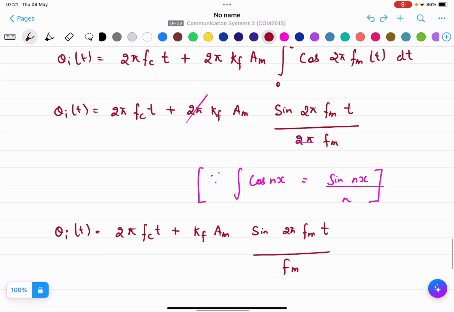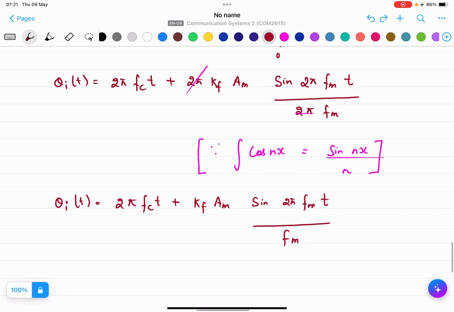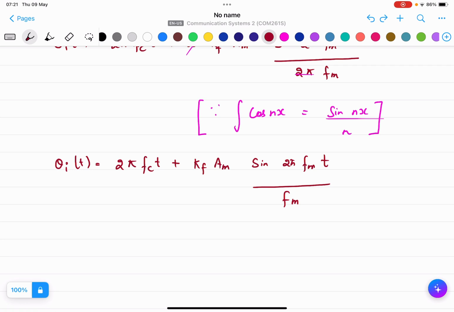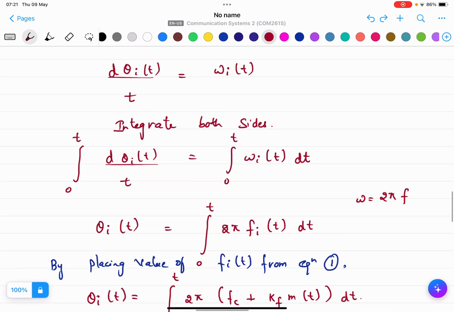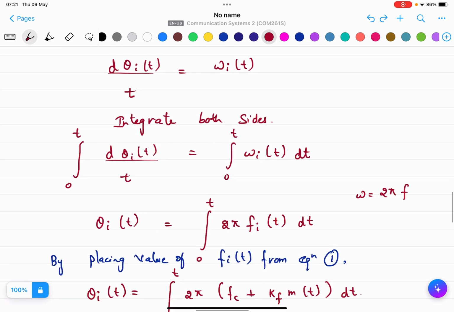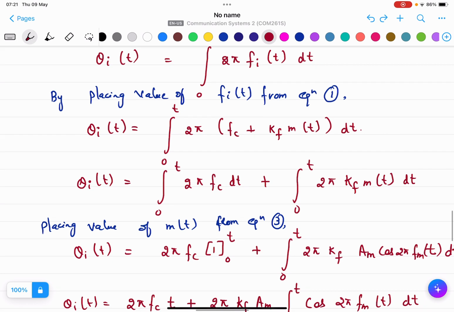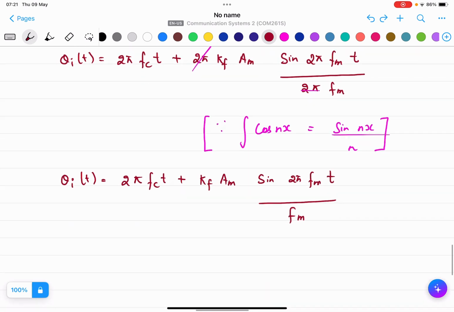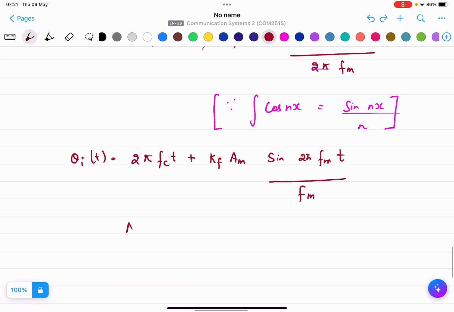Okay, this is the equation. We know delta f equals kf am, right?